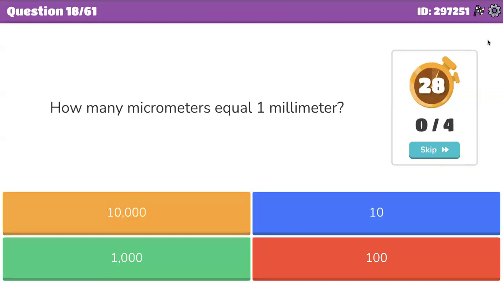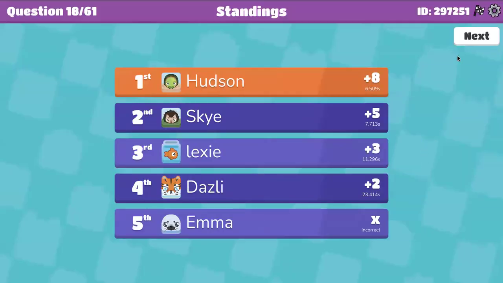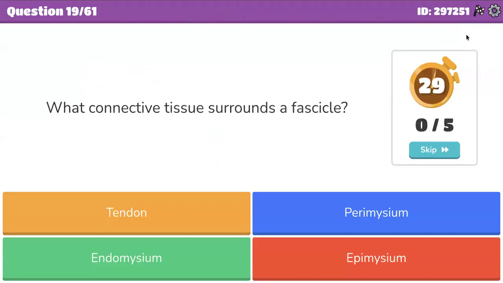How many micrometers equal 1 millimeter? This is sort of like math and chemistry. Yep, 1,000. What connective tissue surrounds a fascicle?